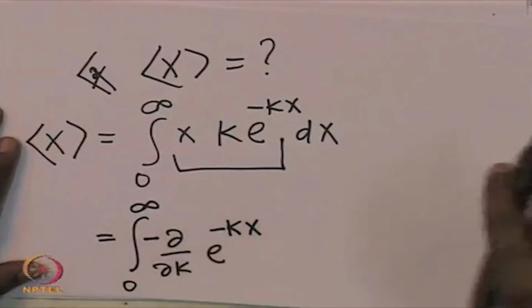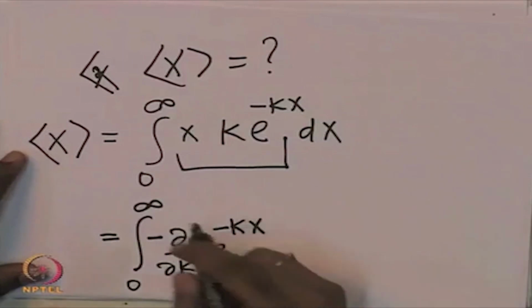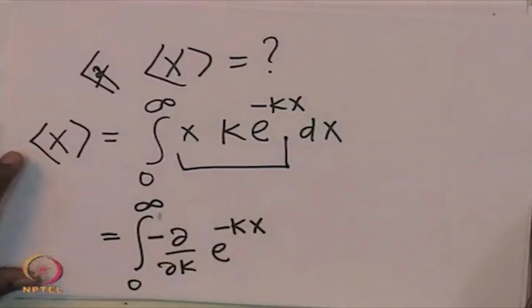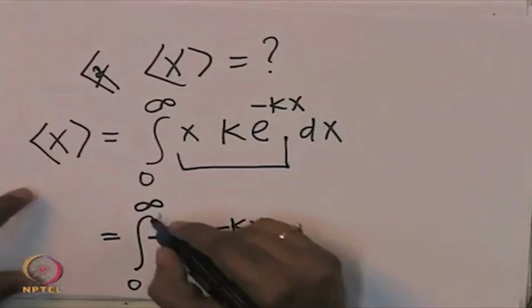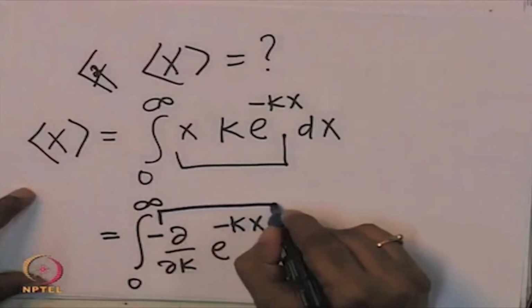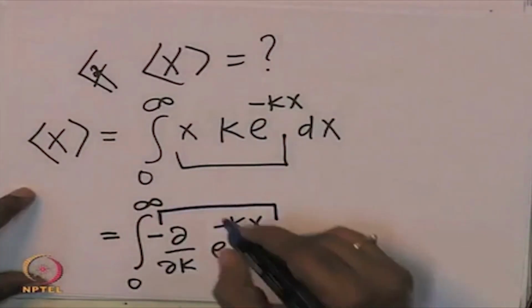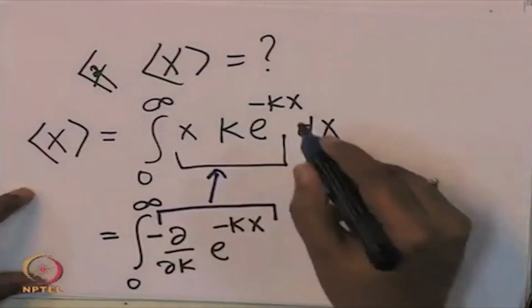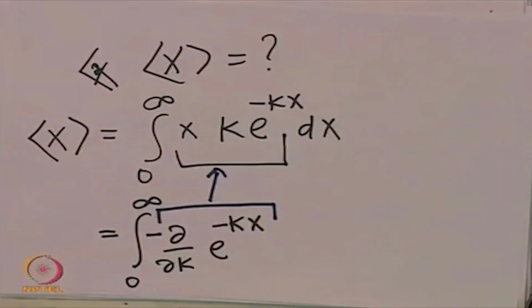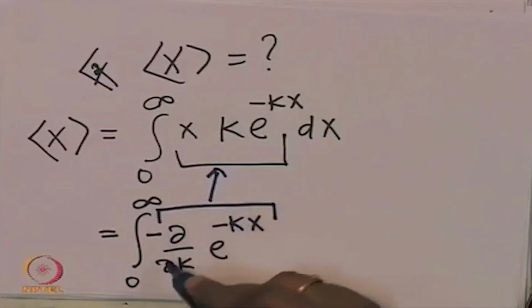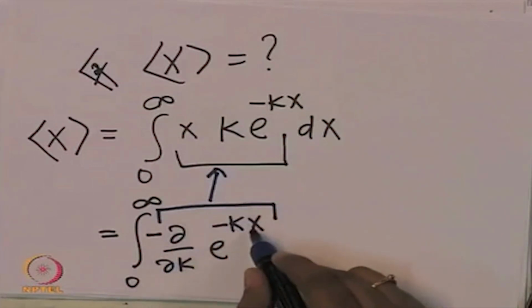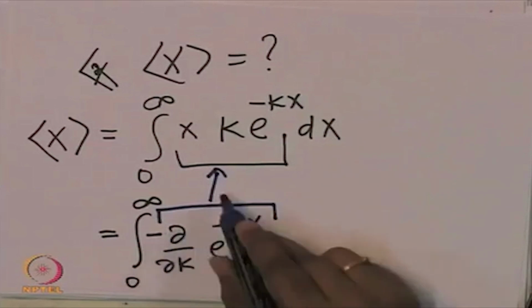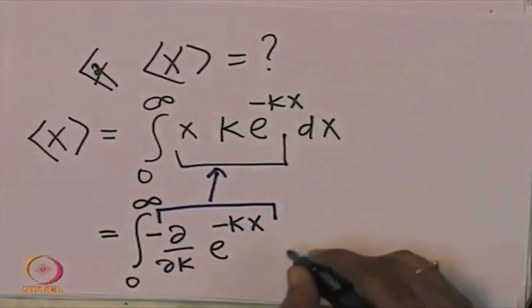If you look at del by del k of e power minus k x with a minus sign, this gives x e power minus k x. You can do this yourself and convince yourself that del by del k will give you a minus x, and with a minus sign it will be plus x, and there is a dx here.